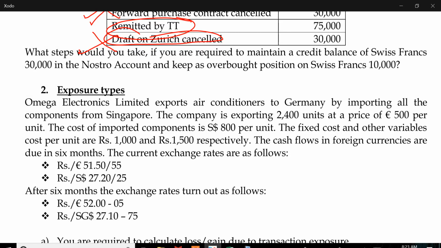This would be possible by entering into a forward purchase contract of Swiss franc 10,000.